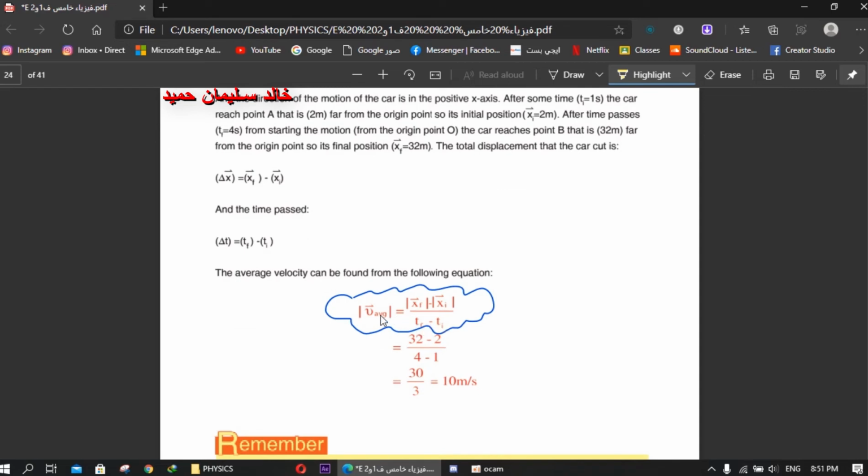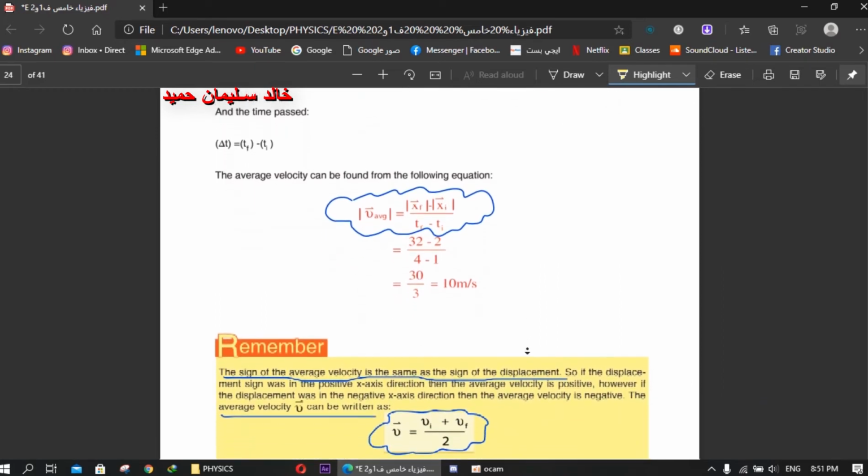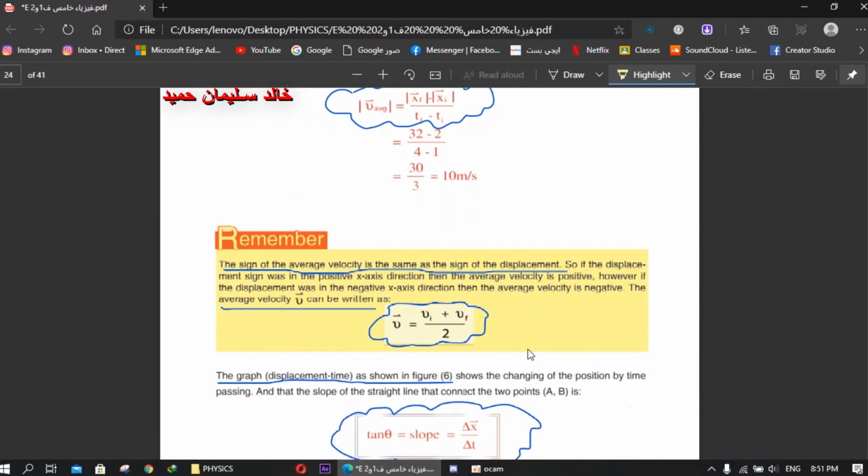So the average velocity is equal to the total displacement over total time interval. Remember, the sign of average velocity is the same as the sign of displacement. The displacement is a vector quantity, so the velocity is also a vector quantity.